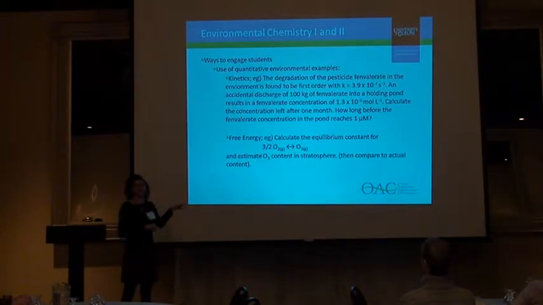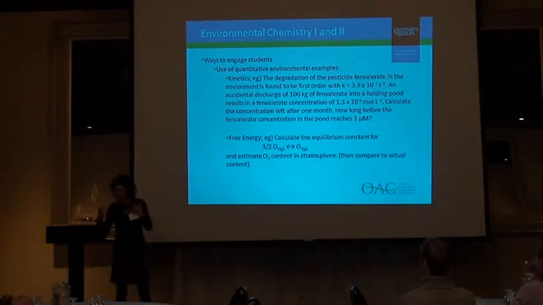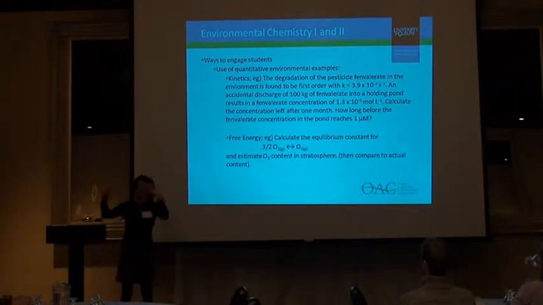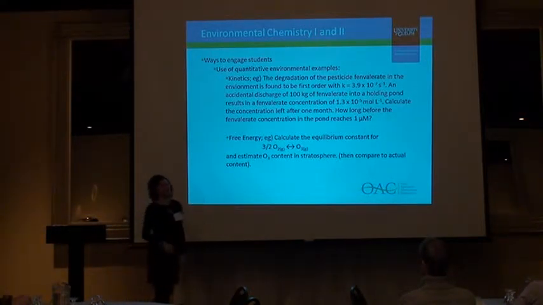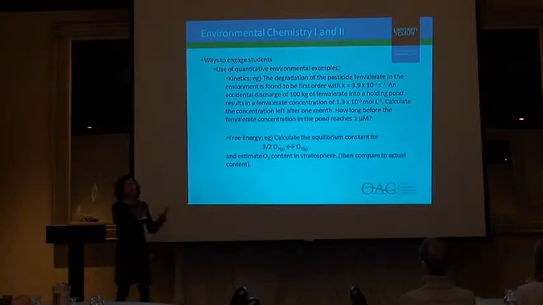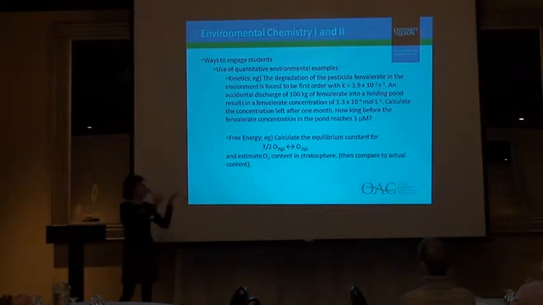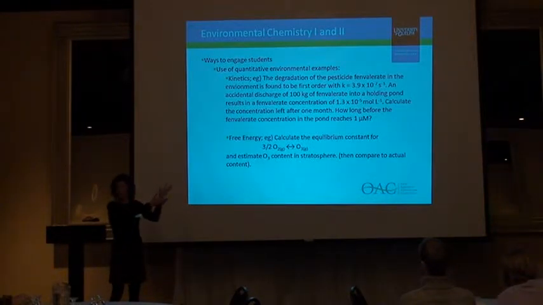If you actually do that calculation, you come up with a very, very tiny ozone concentration, and then you can say to students, obviously, there's something else adding to the ozone content in the stratosphere, and that something else obviously is sunlight, which is a driving force for ozone production in the stratosphere, and so you can talk about steady state concentrations versus equilibrium concentration. So this is one of the ways we try to engage students in this whole area of environmental chemistry.